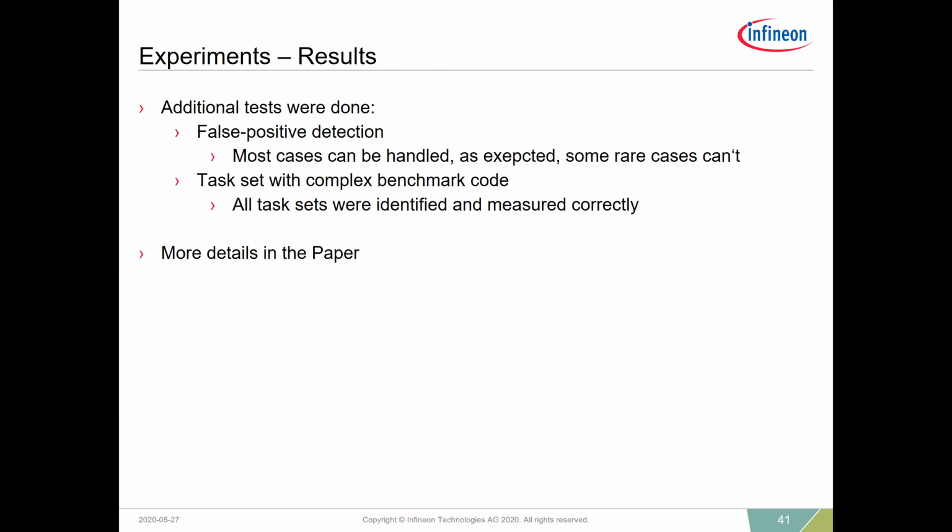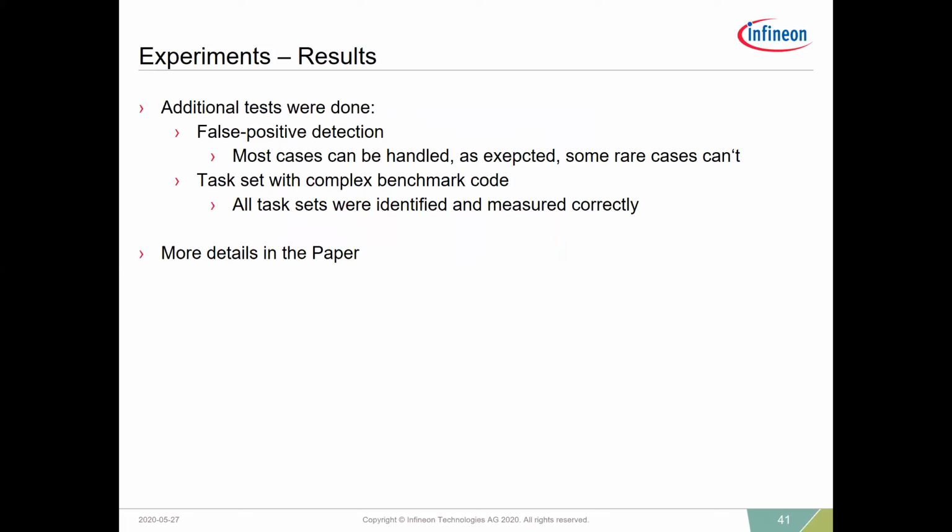And we also have done some more tests. So one test covers false positive detection. So how can we force the system to have false positive detection of a task set, and what can we do so that this won't happen? So there are unfortunately cases where we can't do anything, but from our perspective, this case should be really rare, if not never happening.